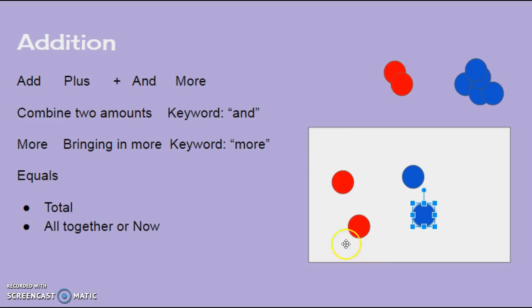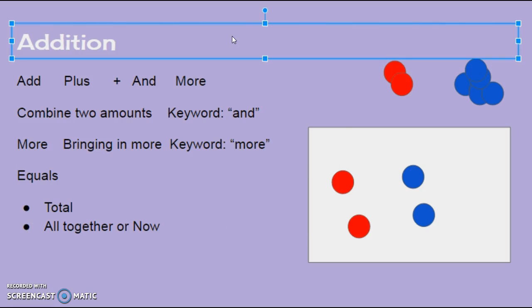So I had a starting amount of two birds in the tree, and then two more join them. So that is an example of bringing in more versus just combining the two amounts together. So the key word when I'm combining two amounts, you'll hear and, and the key word you'll hear with bringing in more is, of course, the word more.